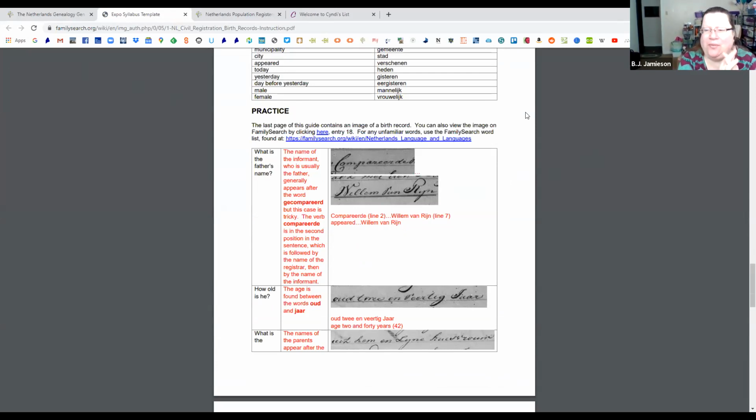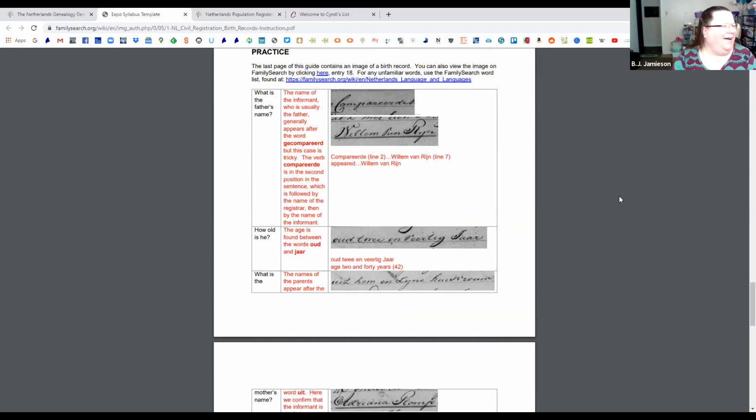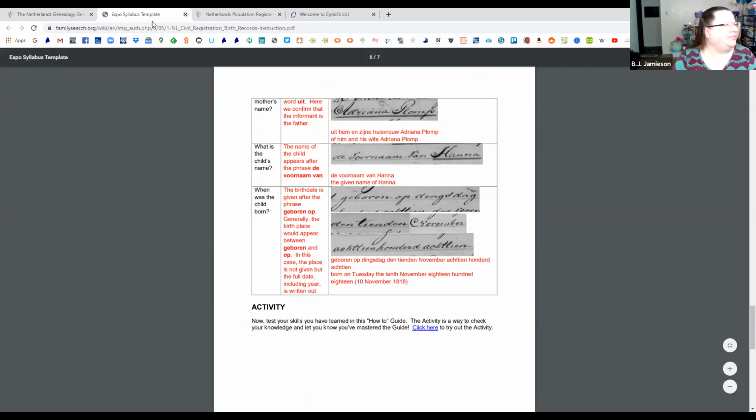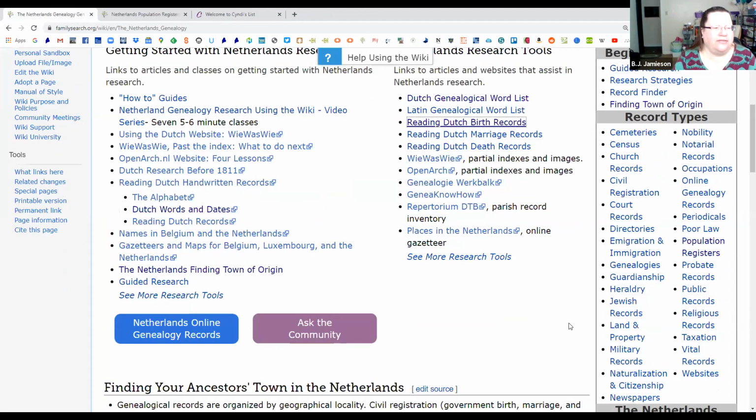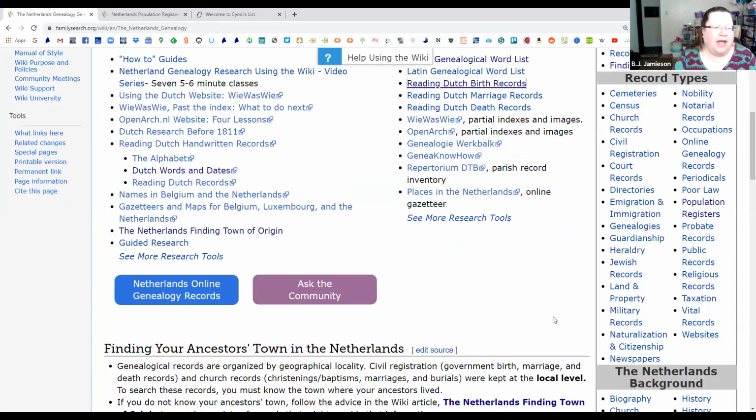I'm kind of beginning to wish I had some ancestors in the Netherlands with how good these records seem to be. And so, if I were starting this, the first ones I would check out would be the census, church records, and vital records. And then I would look and see if there's anything where I'd go, that's not something I've worked with before.